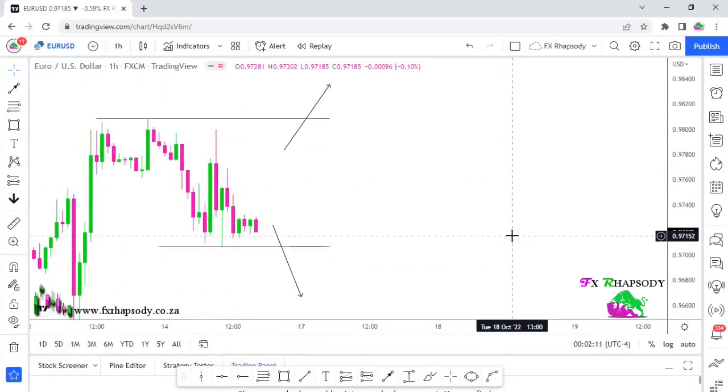COT reports are a very nice indication. Don't use it on a lower time frame. If you are just trading on lower time frames, you're an intraday trader, don't just hover around the COT reports, because the COT report is there for longer term trading. That has been used for nice swing trading. It's just to get that information about where price might be heading.